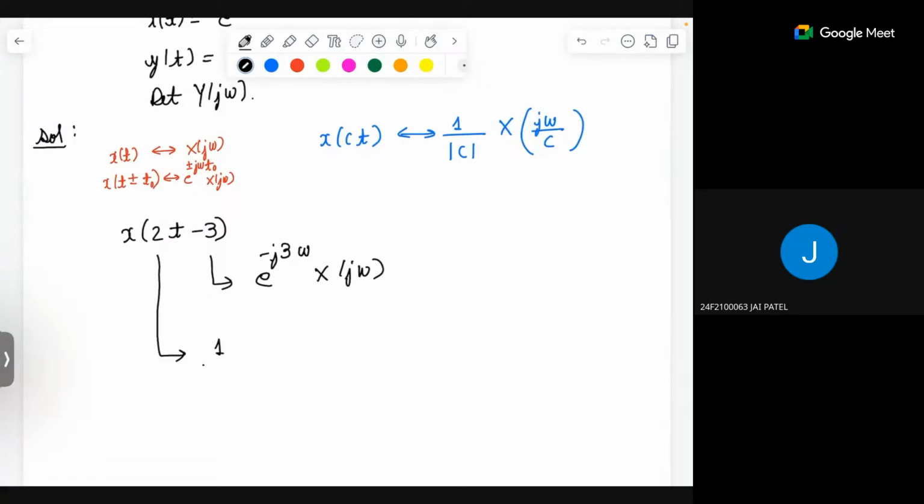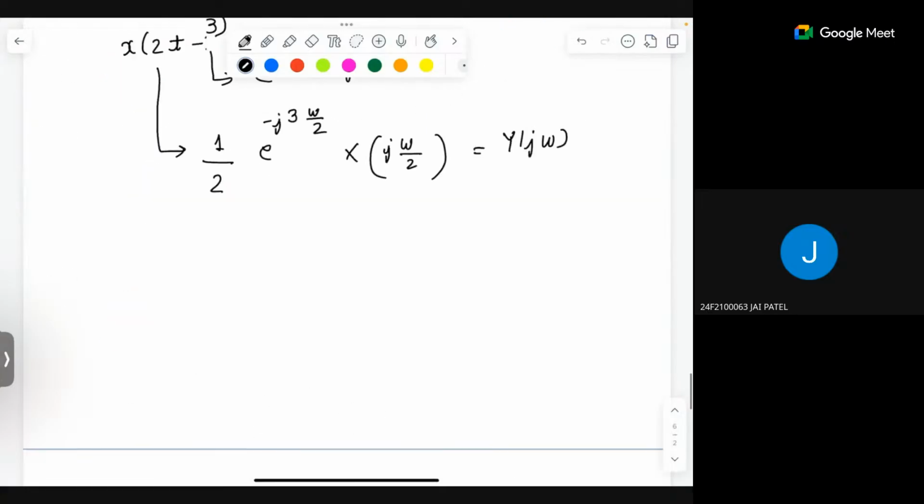So 1 upon 2, which is mod c. Now I have to replace this omega, wherever it is there, by omega by 2. So I have half e raised to the power of minus j 3 omega by 2 x of j omega by 2. This is equal to y of j omega.